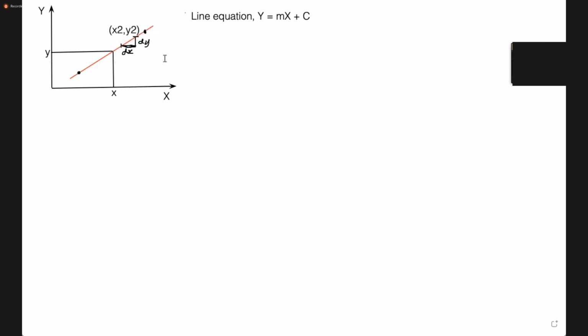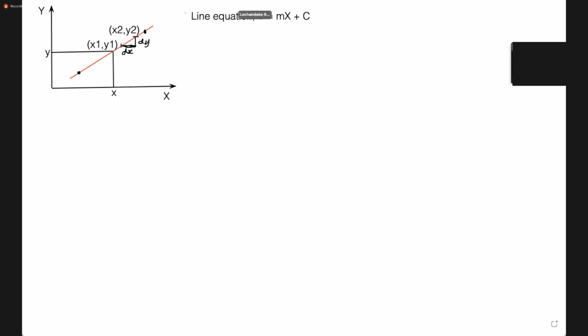The next one I am taking x1 and y1. This is x1 and y1. Therefore, we can write that any 2 points within that line have an x difference and y difference. When we divide the y difference by the x difference, then we are getting the slope. That is what we call slope.